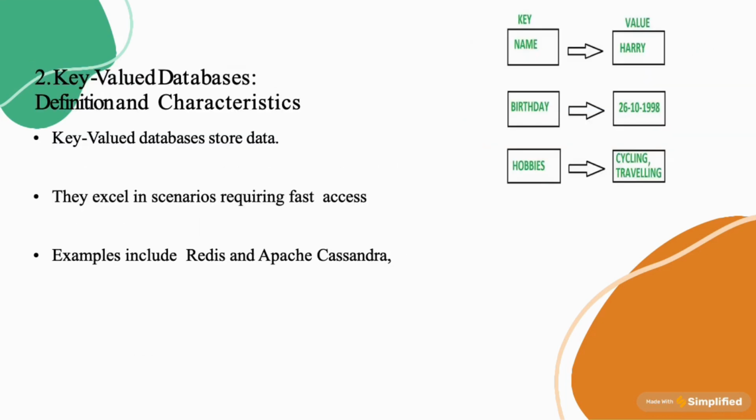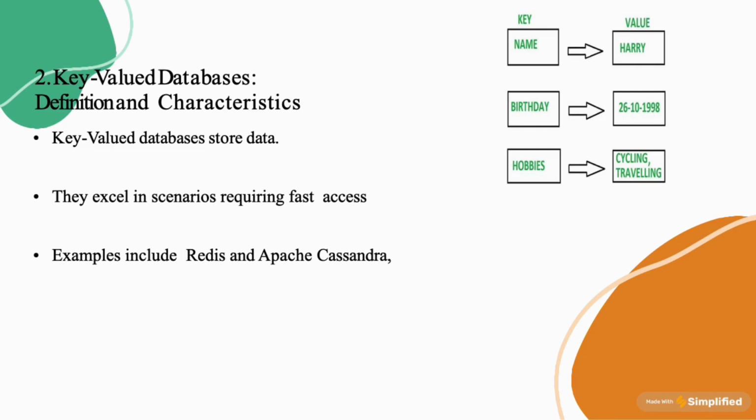Secondly, we are moving forward to the key-value database. Here we are defining the definition and the characteristics of it. The key-value database stores data as key-value pairs, offering simplicity and flexibility for high-speed storage and retrieval. They excel in scenarios requiring fast access to simple data structures but may not be ideal for complex relationships or queries.